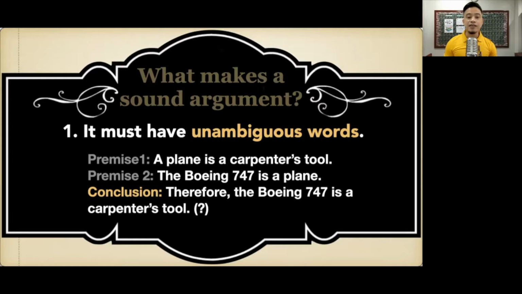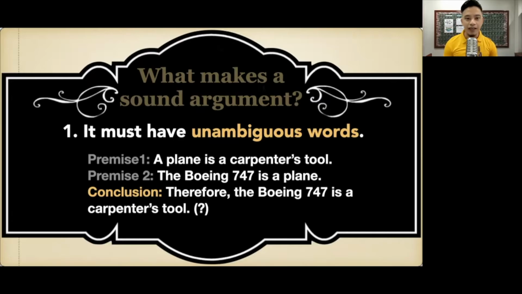Why? Because the word plane is ambiguous, meaning it's one word with two different meanings. The first, the plane being a carpenter's tool in premise 1. The second premise is the plane as in the airplane, the Boeing 747. Now, one word with two different meanings is used in two premises to support one conclusion.